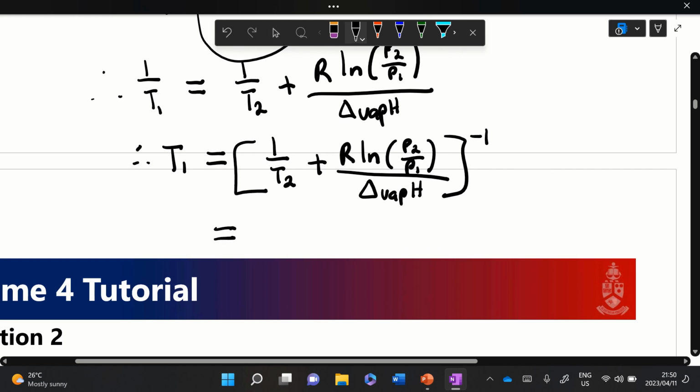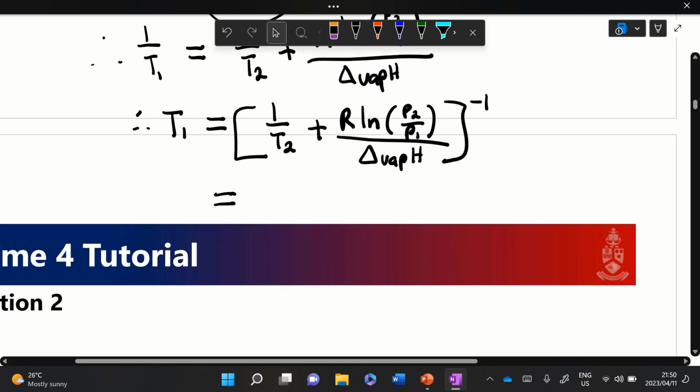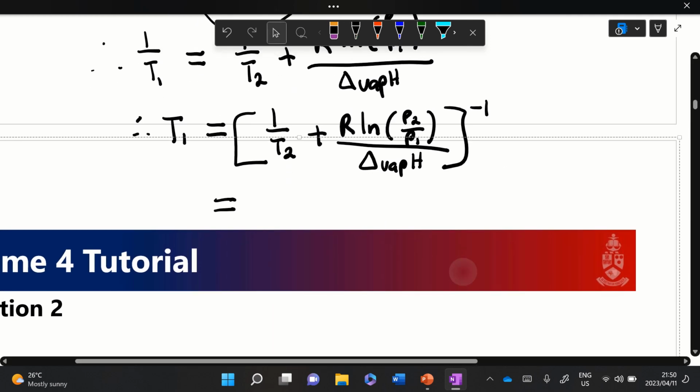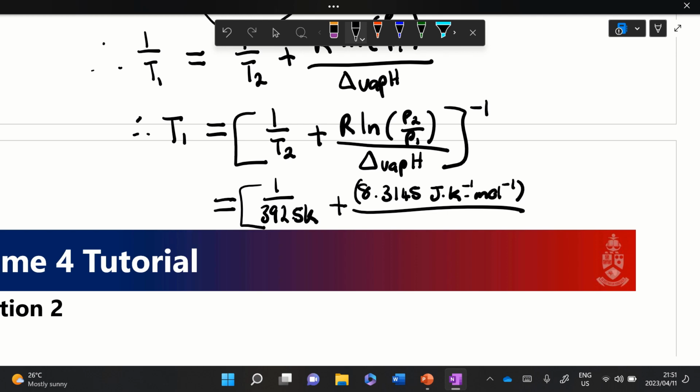Alright, so T2, you can pick any of the other two data sets that you want, but I'm going to pick the 119 degrees Celsius one. So the 119 degrees Celsius is the 392.5 Kelvin plus then 8.3145 joule per Kelvin per mole divided by the enthalpy.